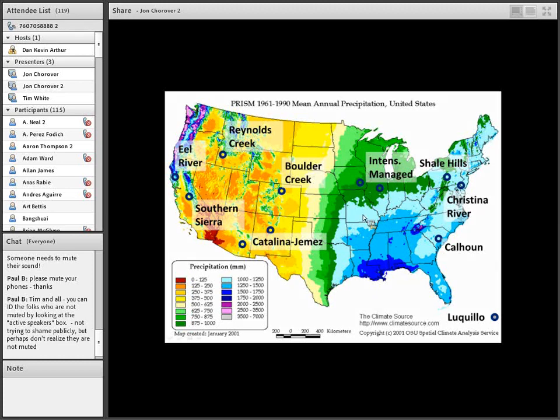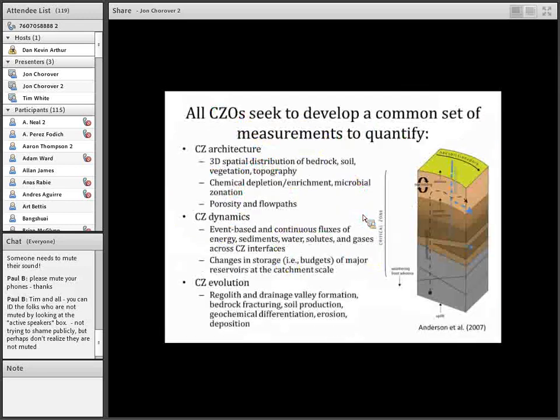And we're all interested in measuring storage and budgets of water, carbon, lithogenic elements at a variety of scales, including the catchment scale. I want to emphasize, of course, that critical zone research translates across a wide range of space, from molecular scale all the way up to watershed or catchment scale.